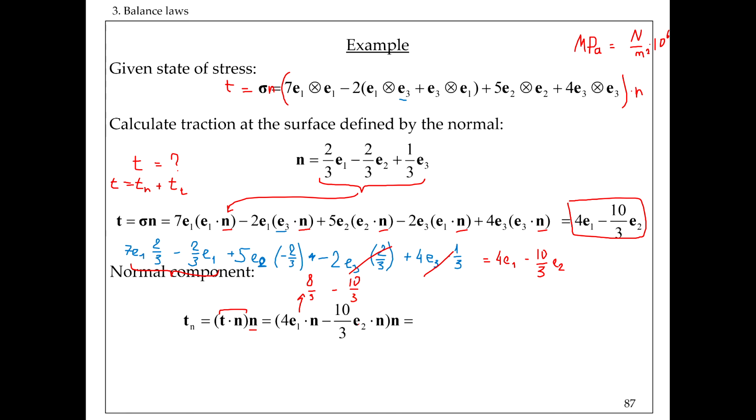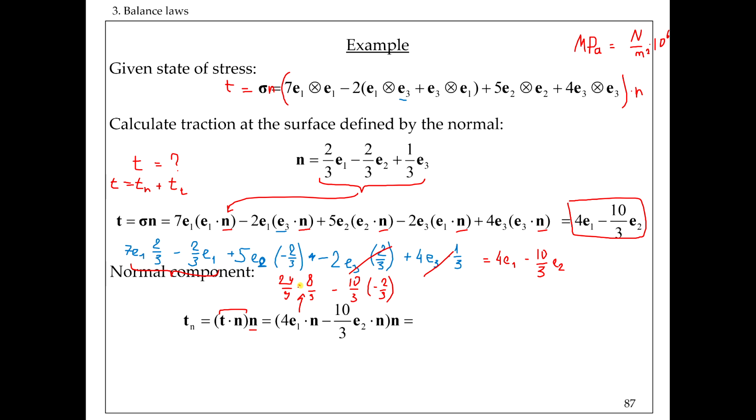So now we need to find the one that is non-zero for e2, so that component multiplied with minus 2 thirds, so making it plus, and so we have here 24 over 9, right?